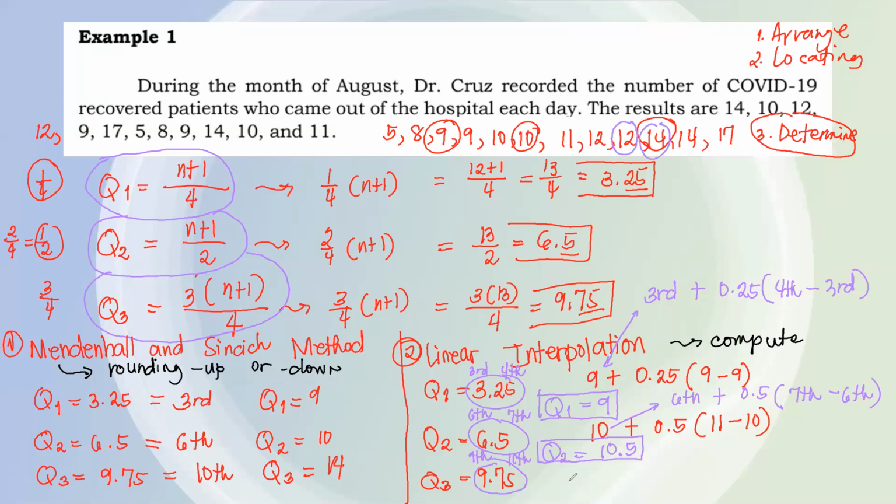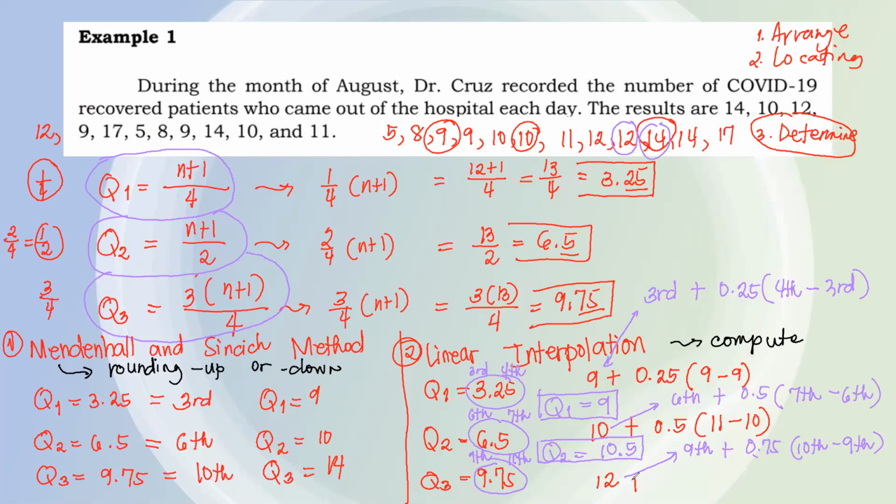Okay? So, dito mas makikita nyo, mas malaki yung difference. So, doon muna tayo sa 9th data. And then after that, i-add natin siya sa product ng 0.75 at ng difference ng 10th minus 9th. Okay?